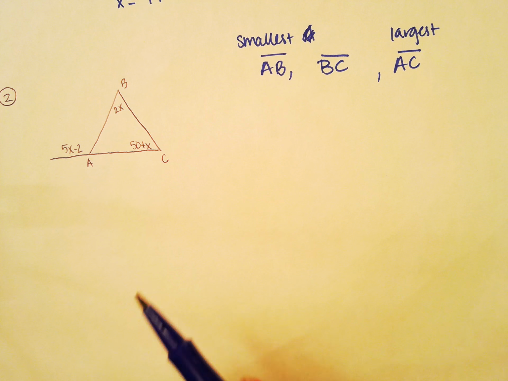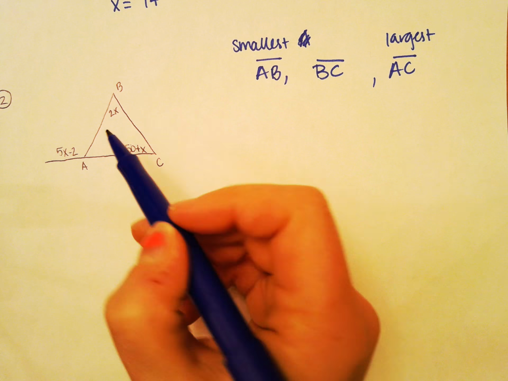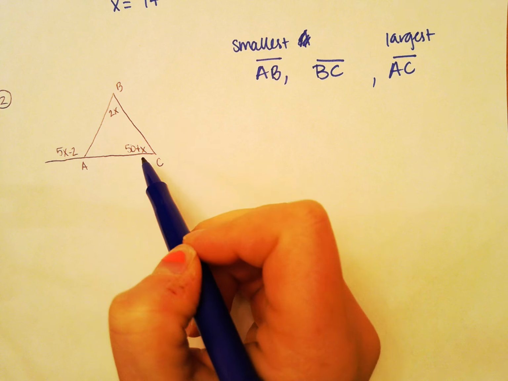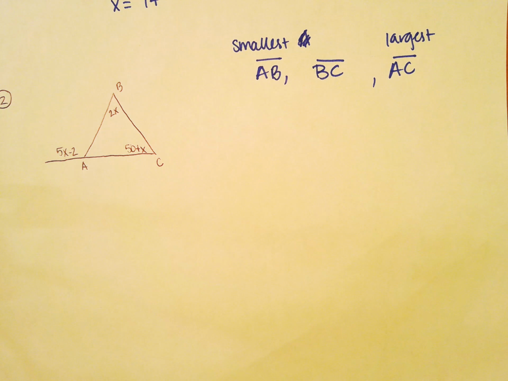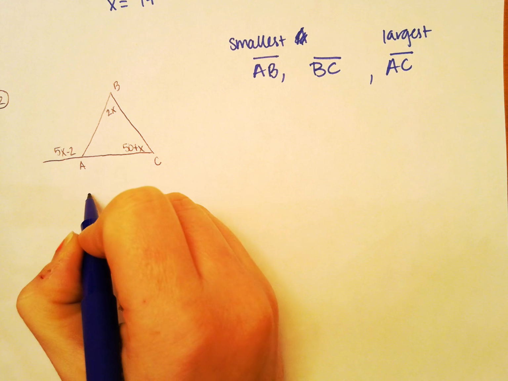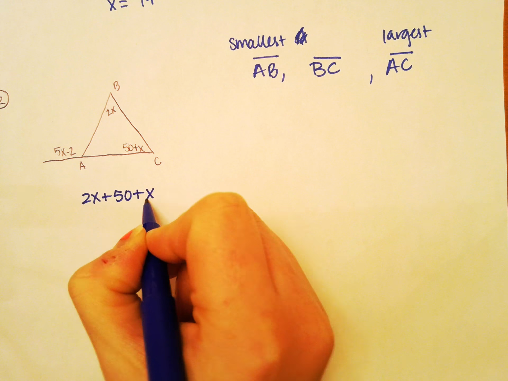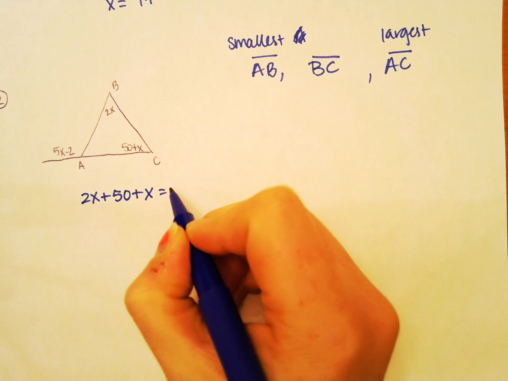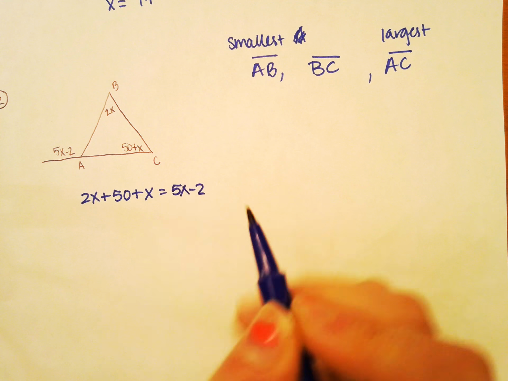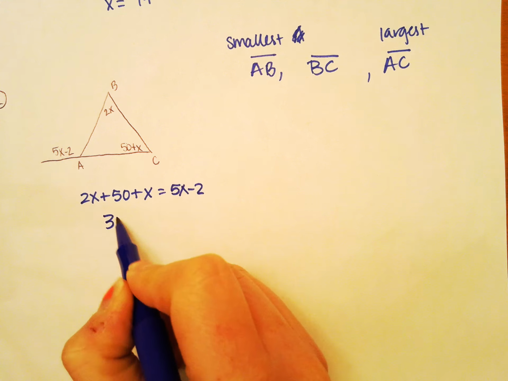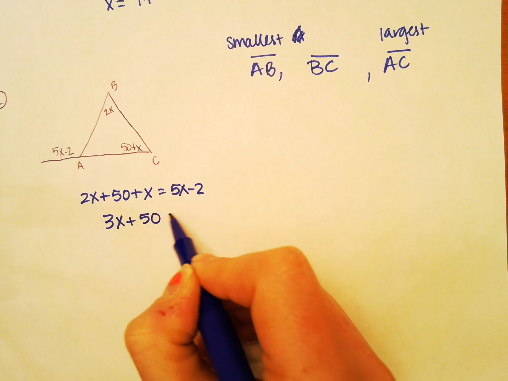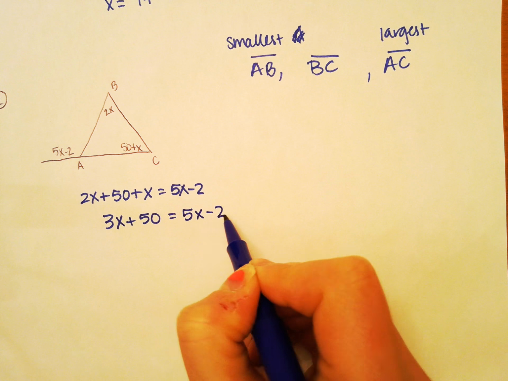So for this one, I can use the exterior angle theorem, and that tells us that we add up our 2 non-adjacent interior angles, 2x and 50 plus x, and that has to equal the exterior angle that's given, 5x minus 2. So on this side, I'll have 3x plus 50. On this side, I have 5x minus 2.